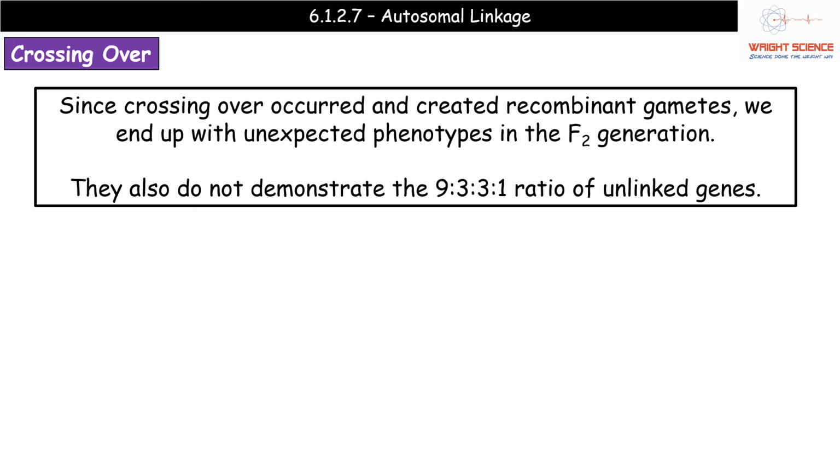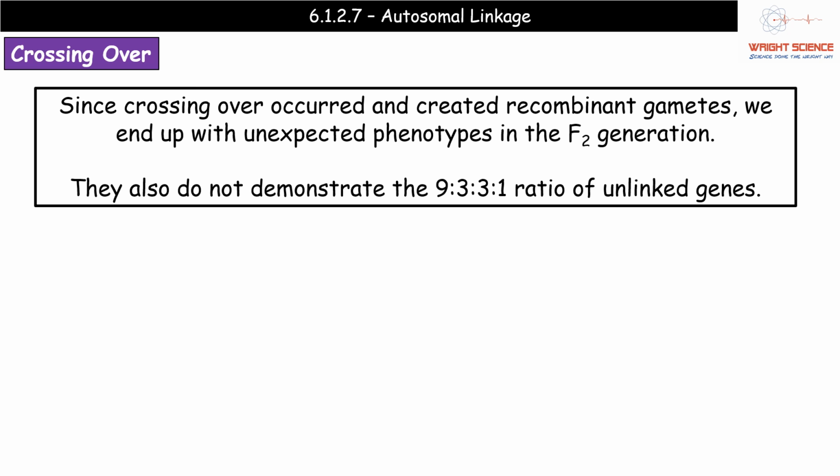They were purple long-grained or red short-grained plants. That was it, and it was in a 3 to 1 ratio overall. So the 1 to 2 to 1, that was obviously 3 purple long-grained to 1 red short-grained.